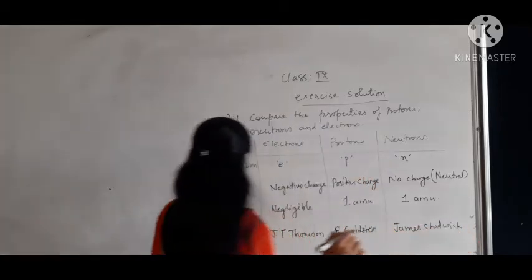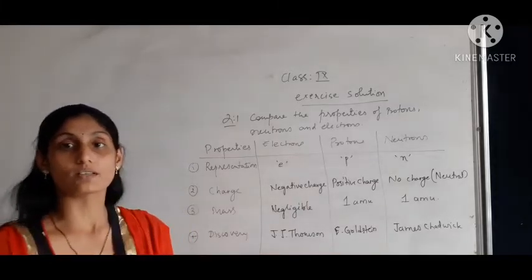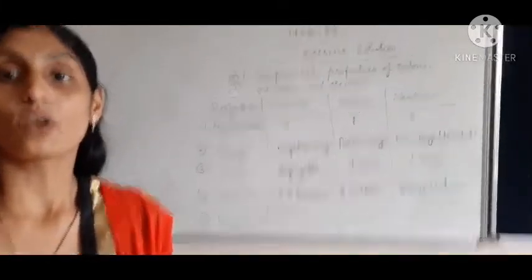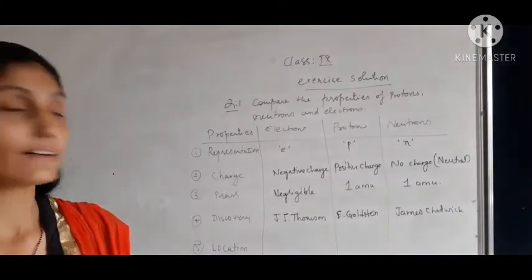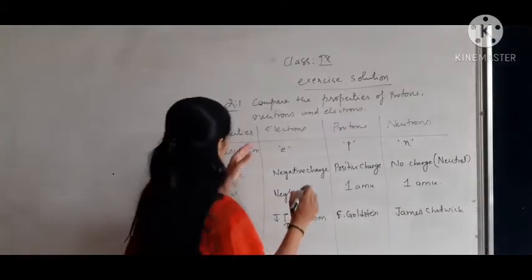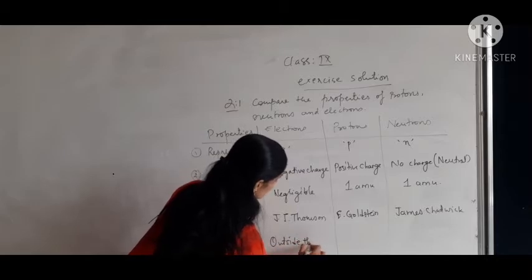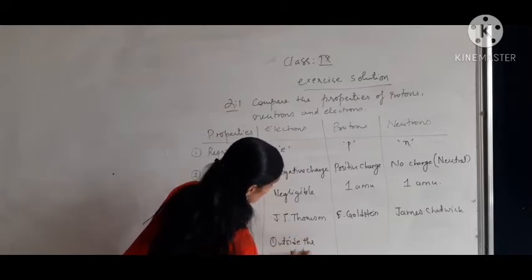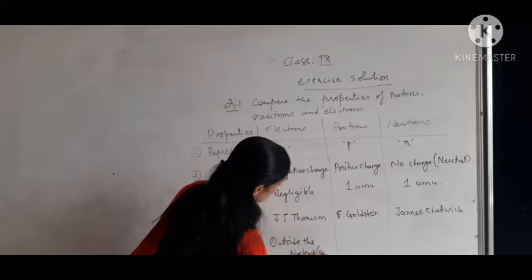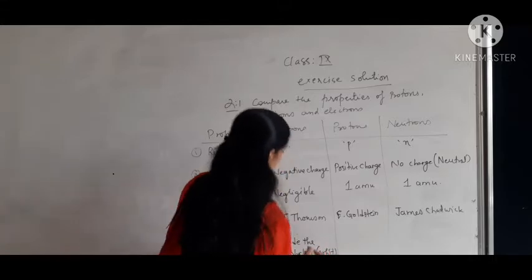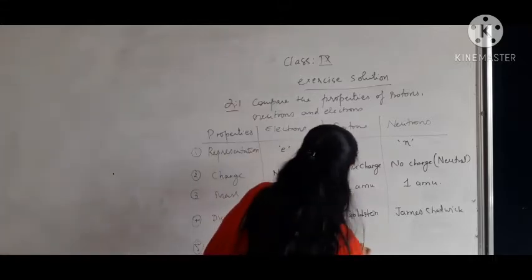Now the location of all of these particles. You can write that electrons are located outside the nucleus in the orbit. In the orbit they are continuously rotating.